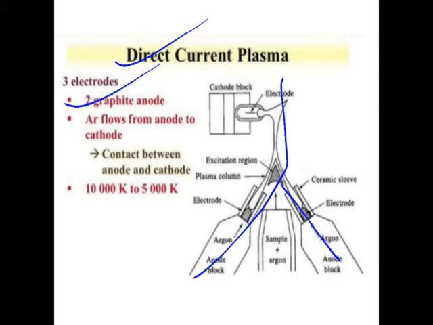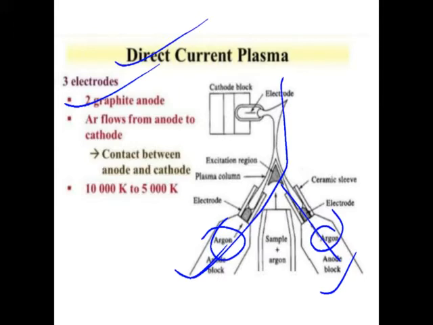And the argon gas source is generally situated between the anode blocks. Okay, so there is an argon gas source present. These are the anode blocks, and the argon gas flows through the anode blocks.